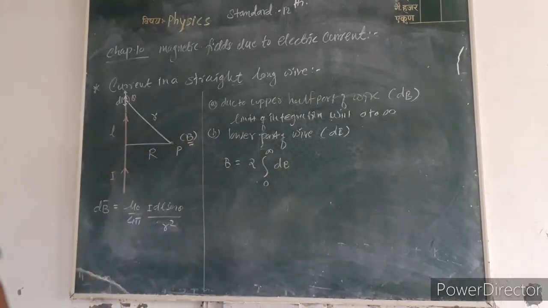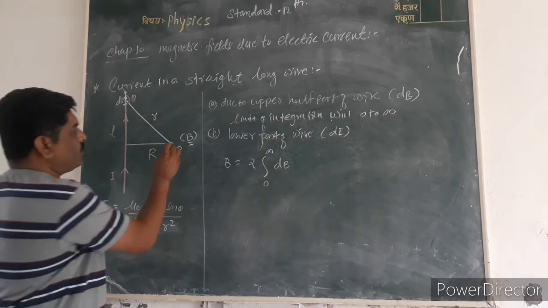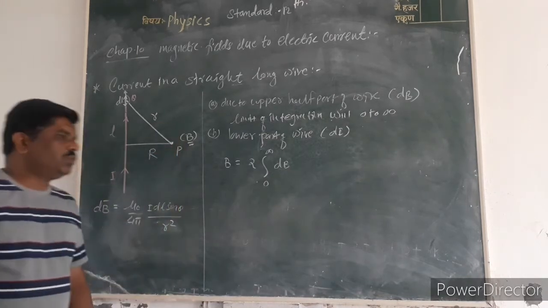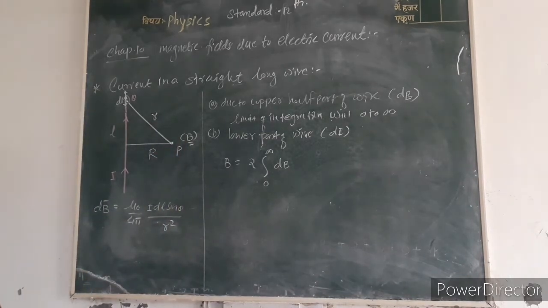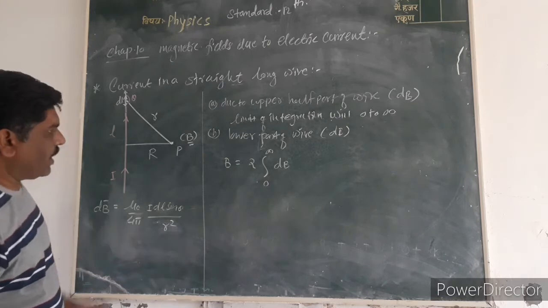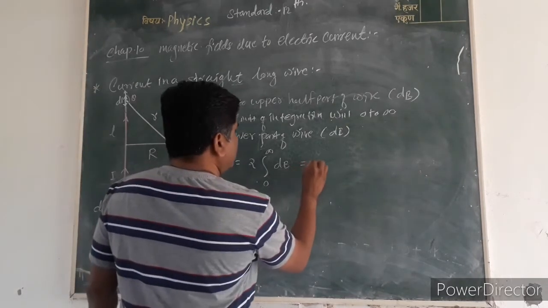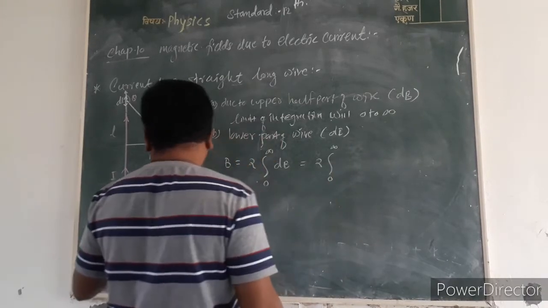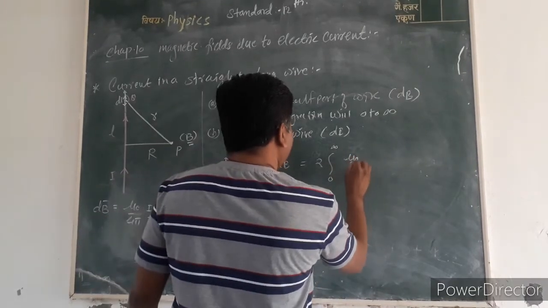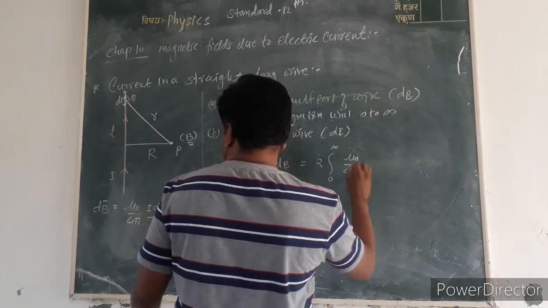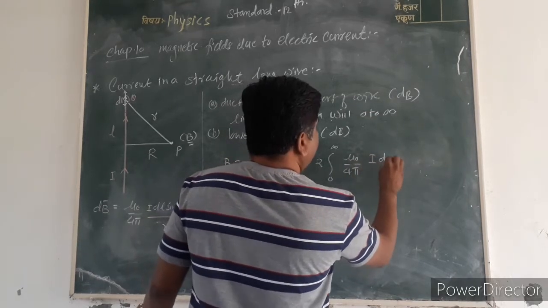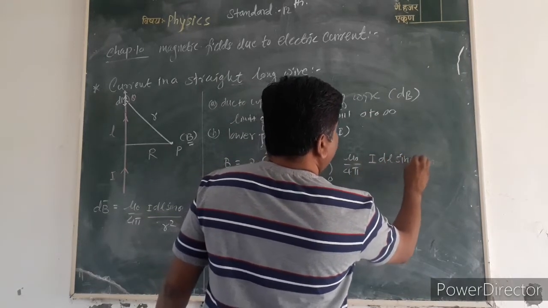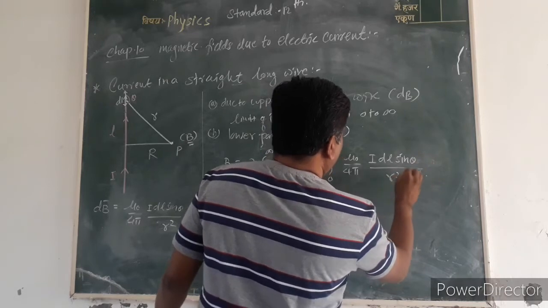This is the total magnetic induction at point P due to electric current I. Using this value, we can write 2 integration 0 to infinity mu 0 upon 4 pi, I dl sin theta divided by r square.